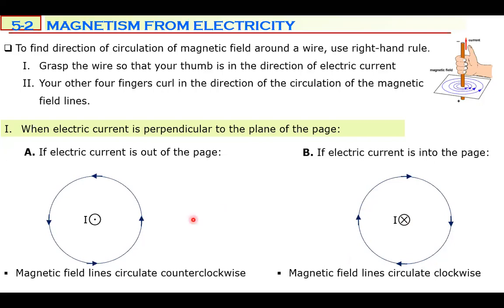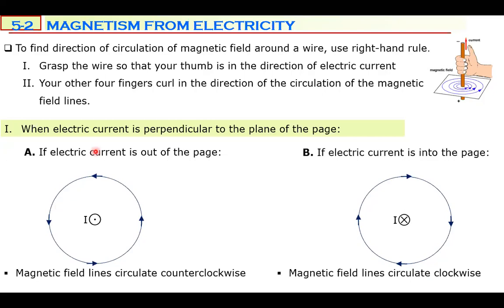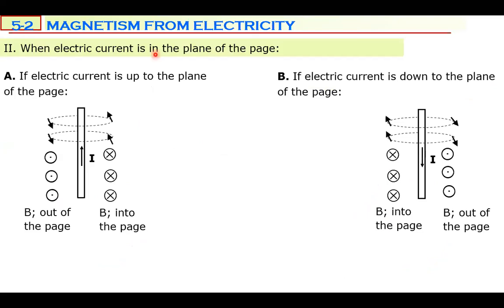So this is the beginning of the direction of the magnetic field, but there are some other ways. This is when the electric current is perpendicular to the plane of the page. What if the current is in the plane of the page, parallel to your page, parallel to your book, parallel to your table? The first one is if the electric current is up in the plane of your page.